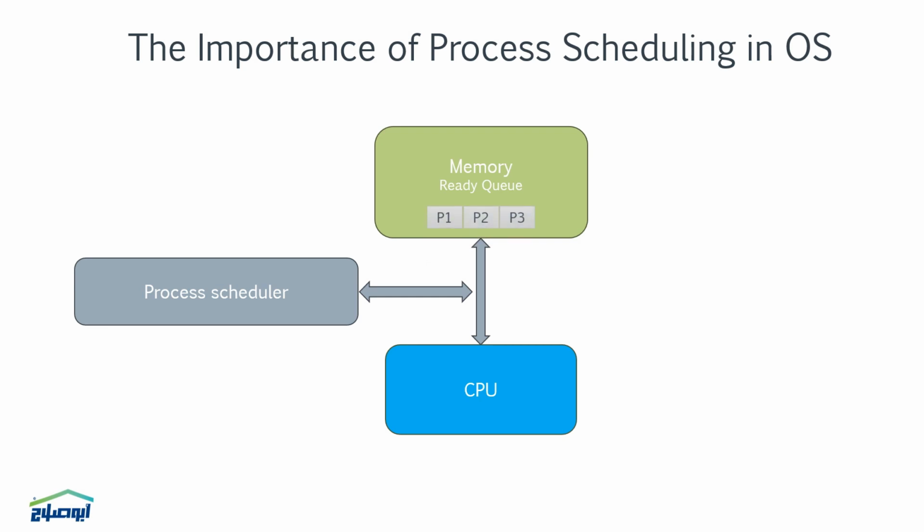Through scheduling, the OS efficiently allocates CPU time to each process based on a predefined strategy or algorithm. This approach ensures continuous CPU engagement, optimizing the utilization of resources and minimizing idle periods.